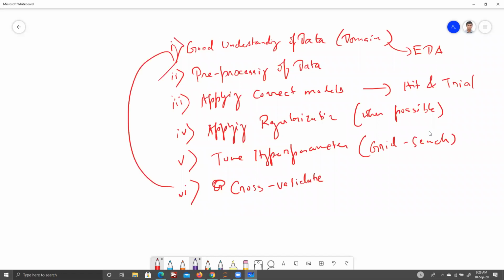Else repeat. So remember these 6 major steps according to me, as in normal machine learning, and of course there could be a 7th step as well, which is good visualizations, wherever possible. I'm not saying it is always available.